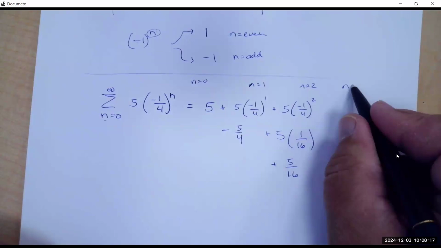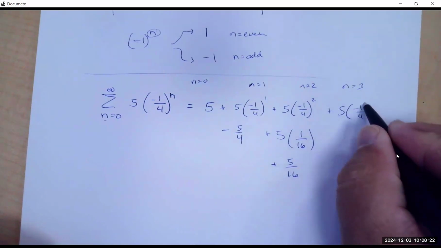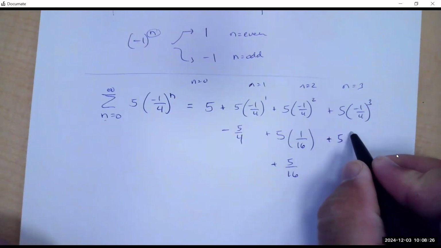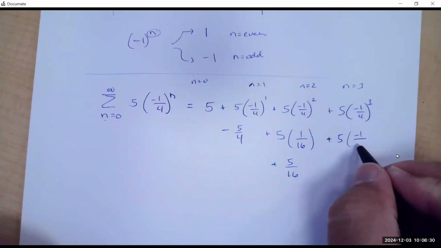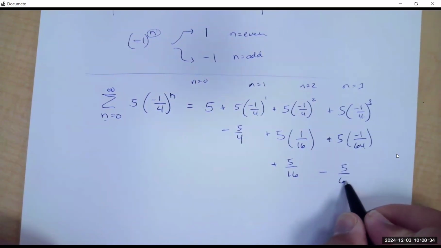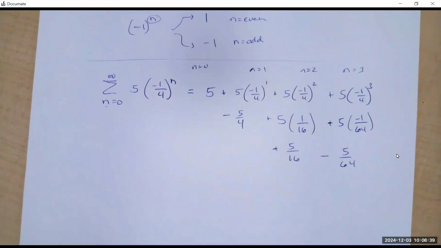When n is 3, the top is going to stay negative. Now 4 to the third power is 64. So we have negative 5/64. And you notice it's always going to change, it's alternating signs. Have we seen anything like this before?